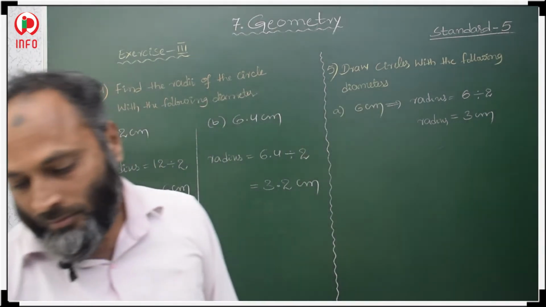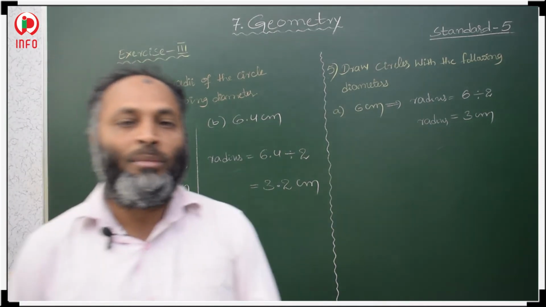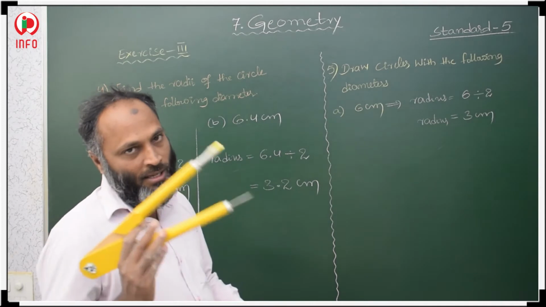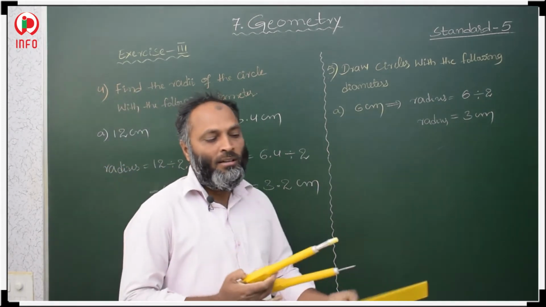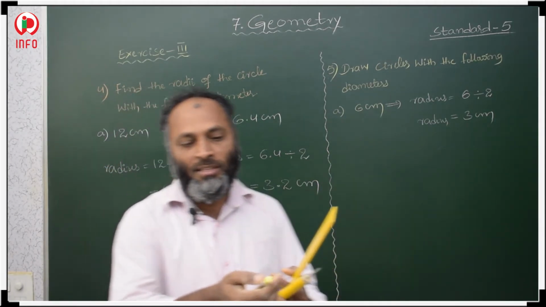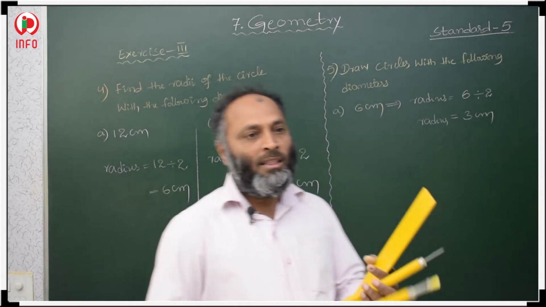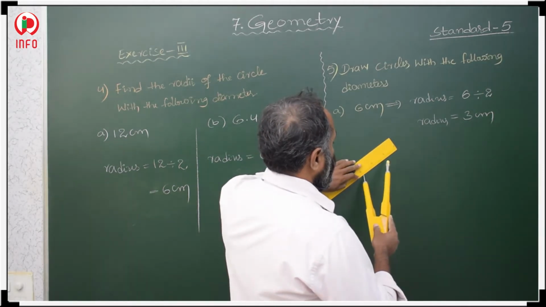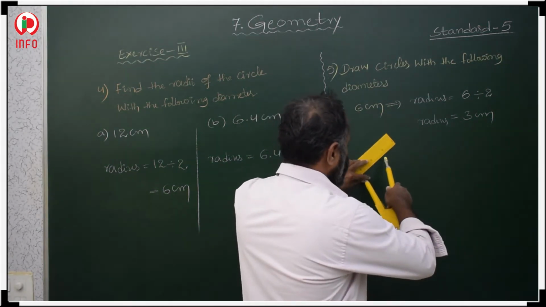Now, how to construct a circle we know; we did it before also. First we have to take a ruler and your compass. On one side you fix your sharp pencil. Then you take the 3 centimeter radius. Here I am taking 1 centimeter as 5 centimeters as a scale.